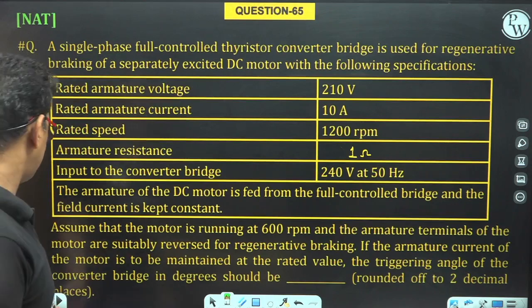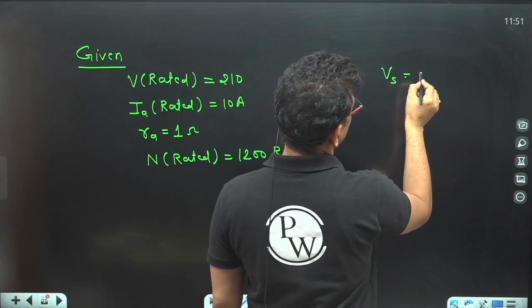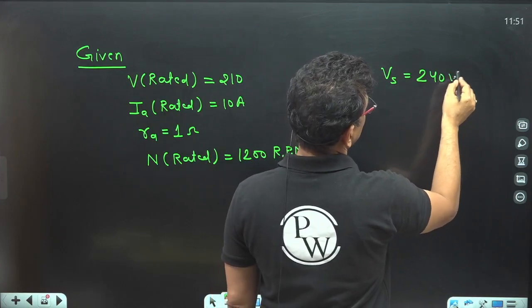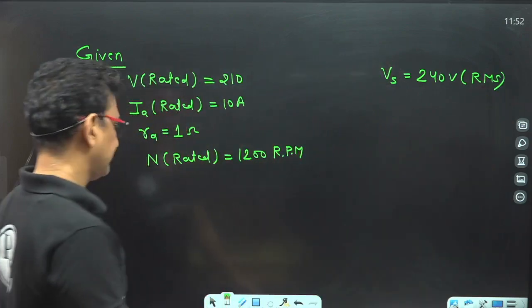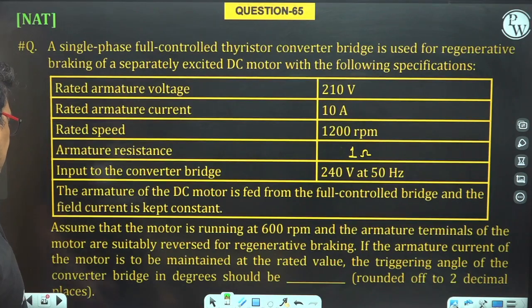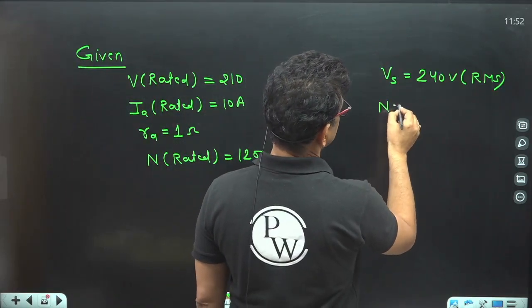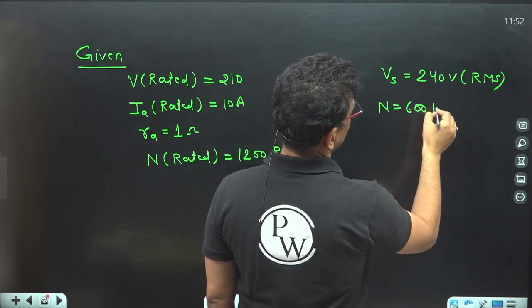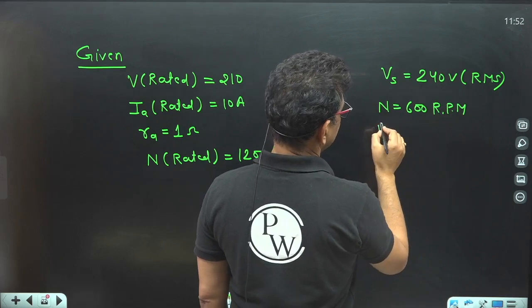The input to the converter bridge, that means the supply voltage, is 240 volt and 50 hertz. The given voltage would always be the RMS voltage. Assume that the motor is running at 600 rpm, and then regenerative braking is applied.